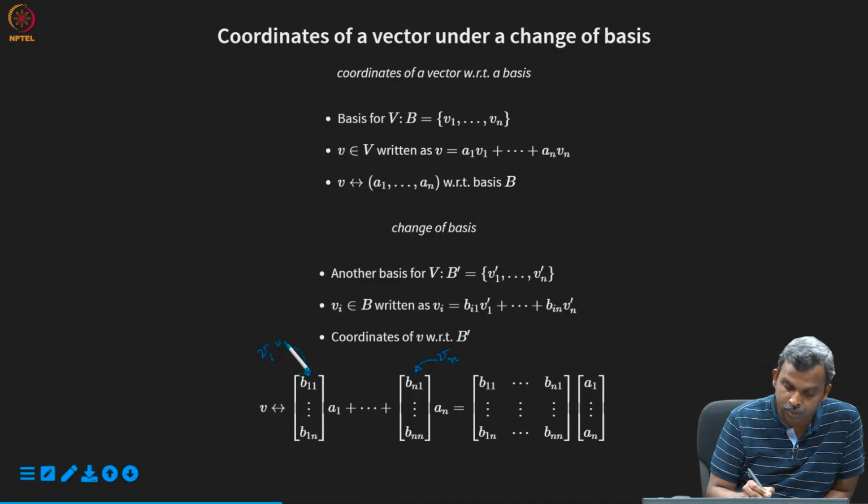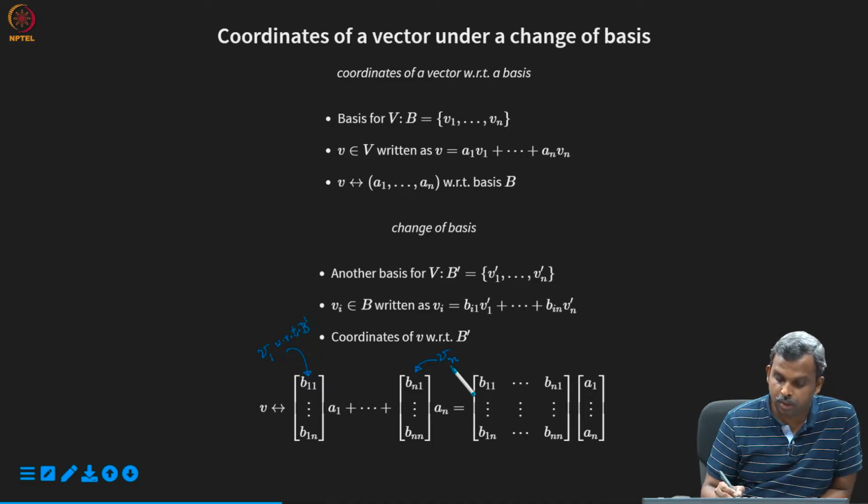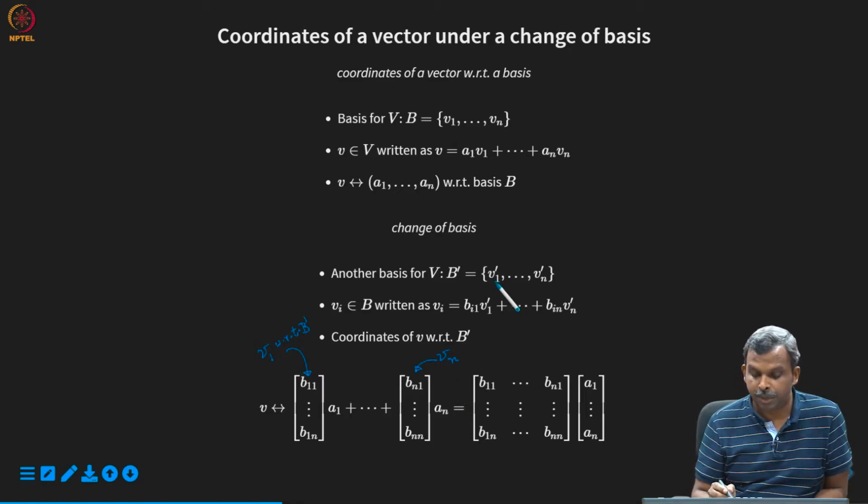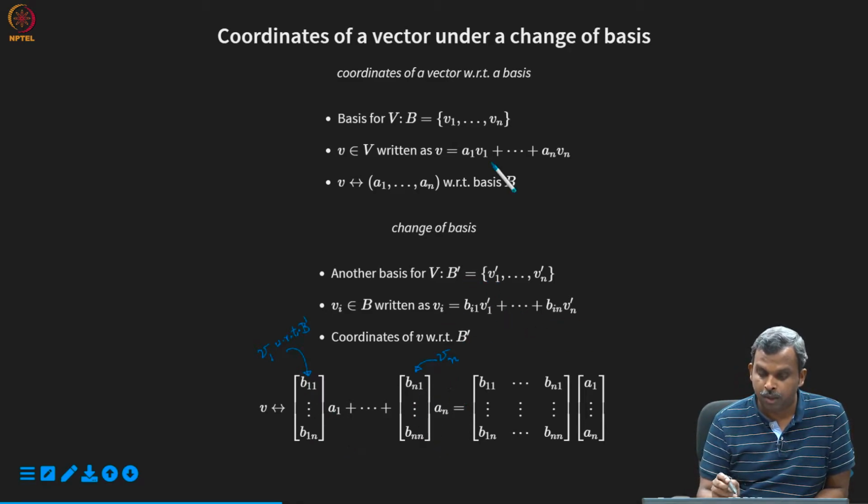V1 with respect to B prime. Okay, so likewise here Vn with respect to B prime. Okay, so those are these vectors here, and once you write that, this equation is sort of true. So you put A1 here and then write the V1 coordinates here, so on.